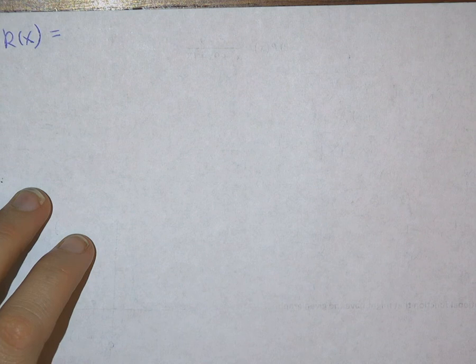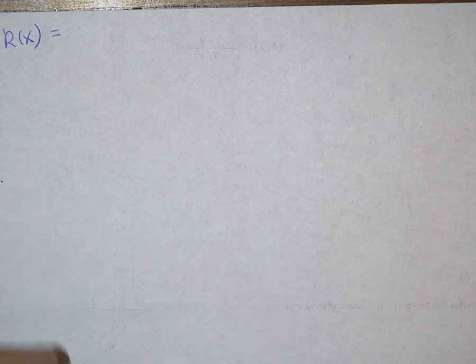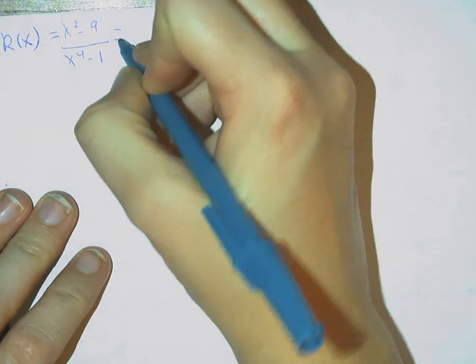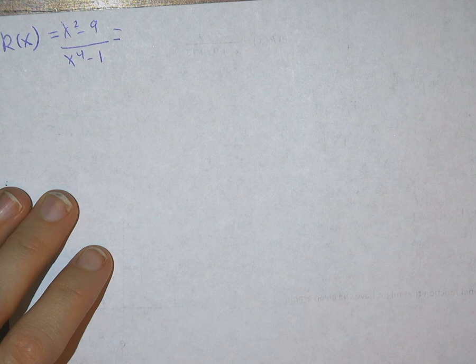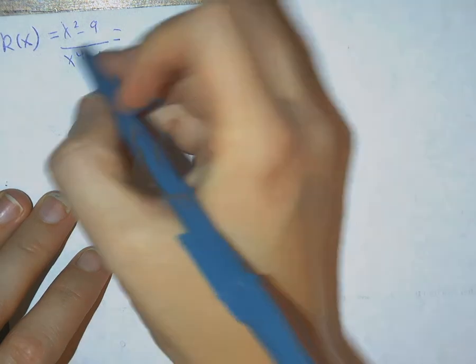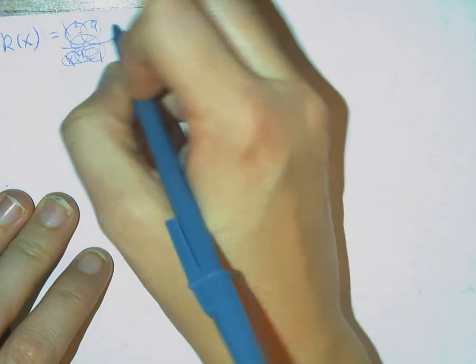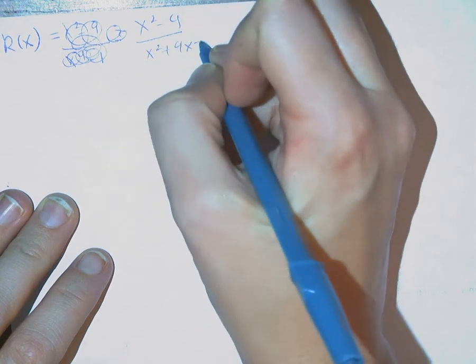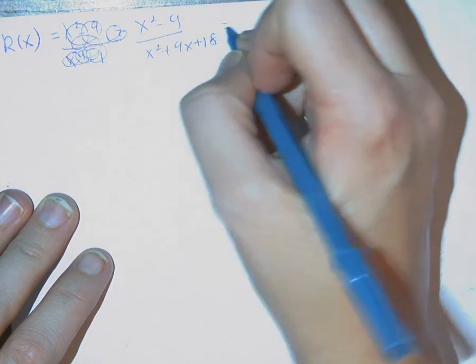Okay, so I have my rational function is x squared minus 9 over x to the 4th minus 1. And we also simplify that later to be, I wrote the denominator wrong, I'm sorry. x squared minus 9 over x squared plus 9x plus 18.